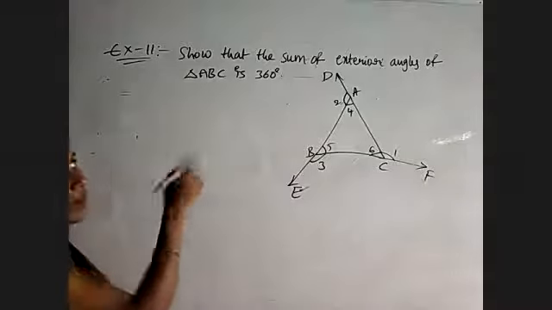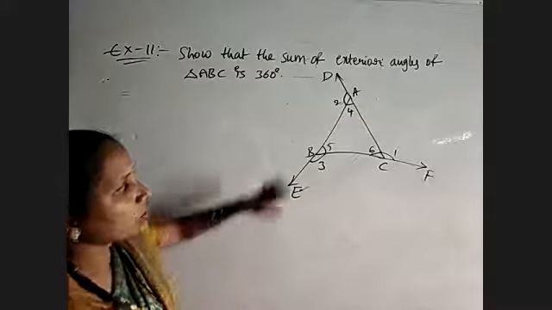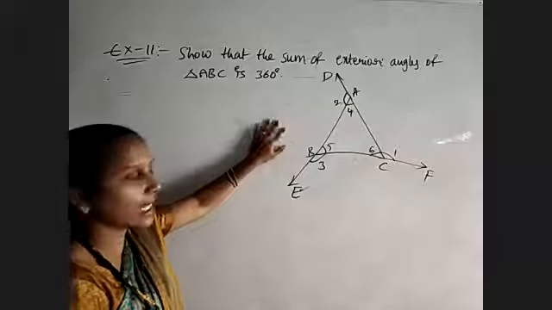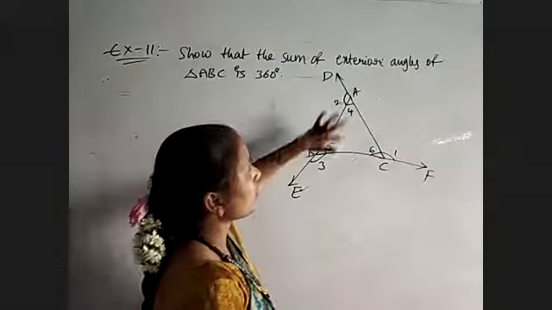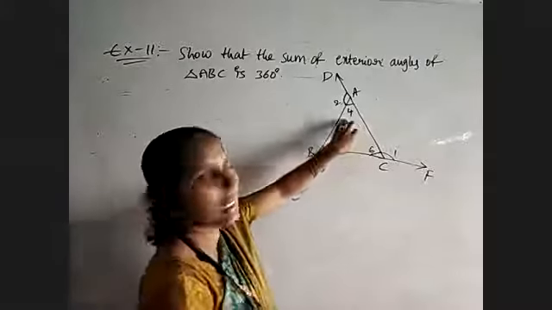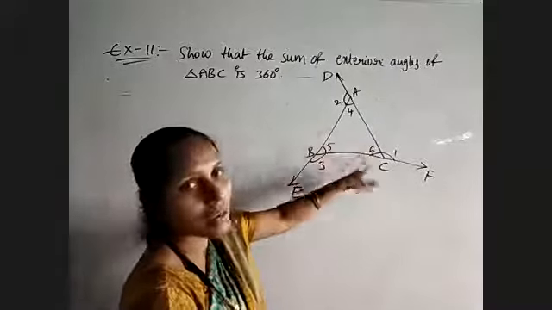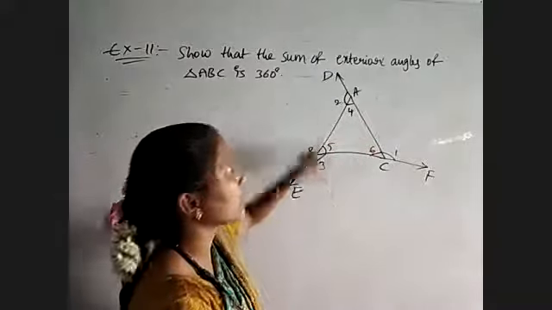Show that the sum of the exterior angles of triangle ABC is 360 degrees. So here identify what are the exterior angles and what are the interior angles of triangle ABC first. That is 4, 5, 6. These three angles are lying inside. So interior angles of triangle ABC are 4, 5, 6. And exterior angles are angle 1, angle 2 and angle 3.